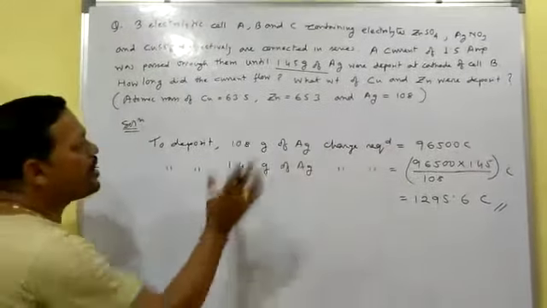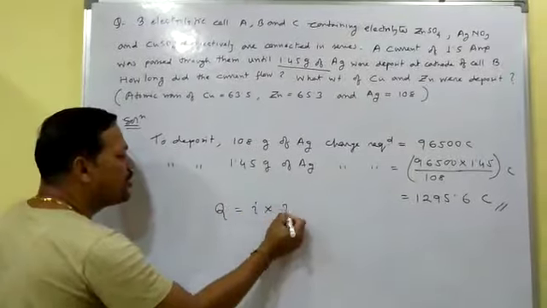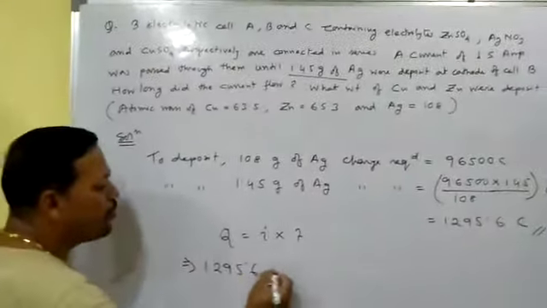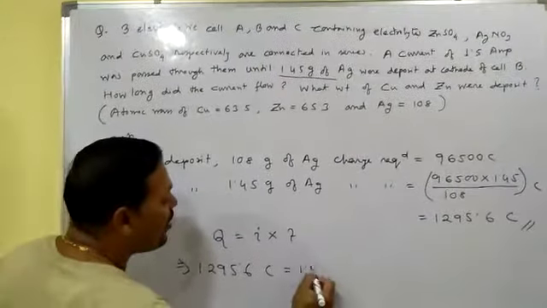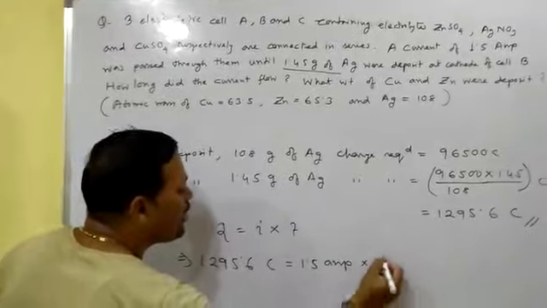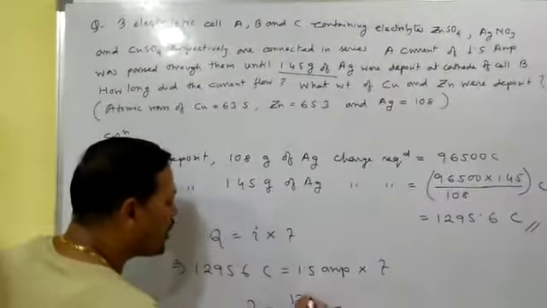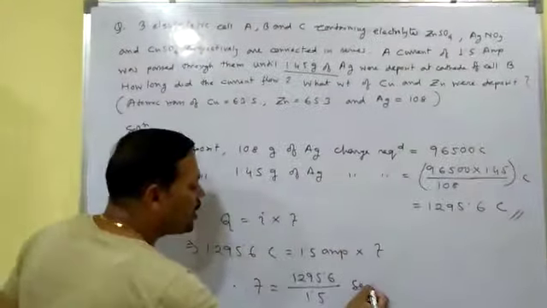So you have got the charge, how much charge you have applied. As you know, Q is equal to I into T. Q you have got, 1295.6 coulomb. I is given, how much ampere? 1.5 ampere. So you can find out the time. Therefore time will be 1295.6 divided by 1.5. The unit you will get is seconds.